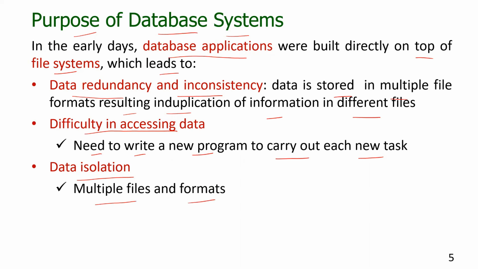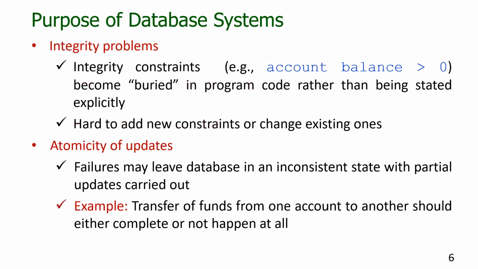Then integrity problems: integrity constraints, for example an account balance greater than 0, become buried in program code rather than being stated explicitly. It is hard to add new constraints or change existing ones. So in file systems, this problem occurs.